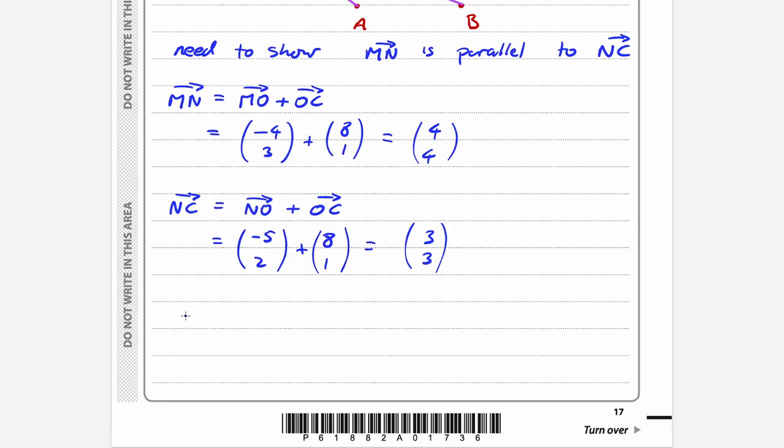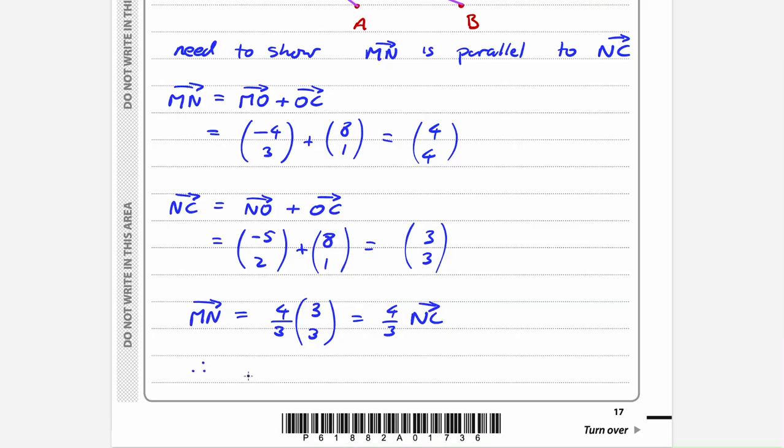So I'm going to say MN is equal to 4 over 3 times 3, 3. If I just do this divided by this, it's 4 over 3, 3, 3, which is 4 over 3 times NC.